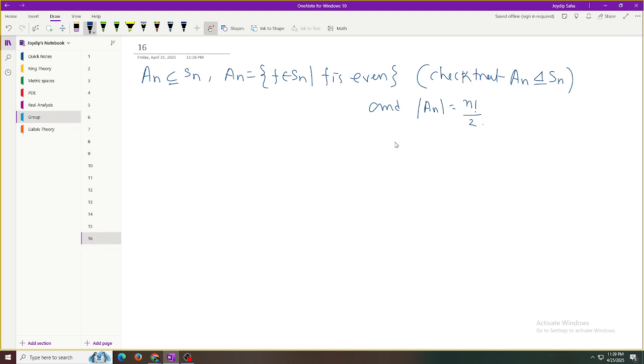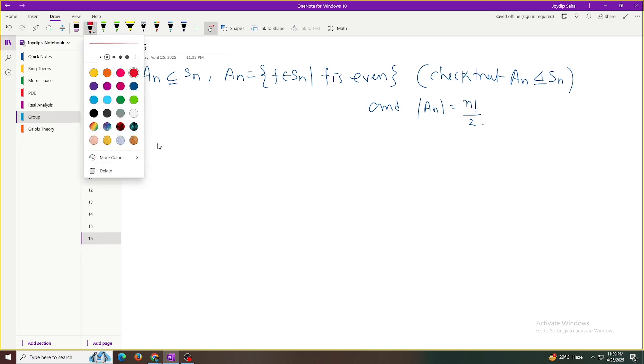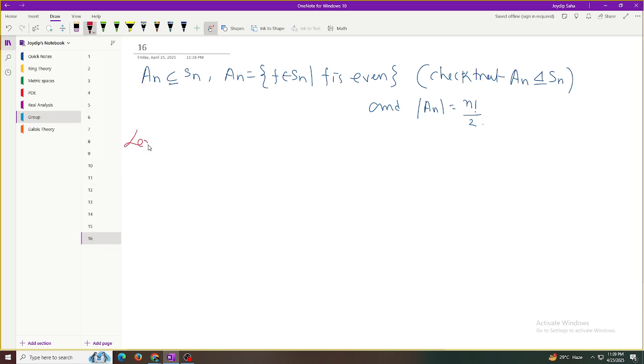It has index 2, so it is normal. If it is a subgroup of index 2, then it is normal. It is easy. This is a big lemma. I will use it.